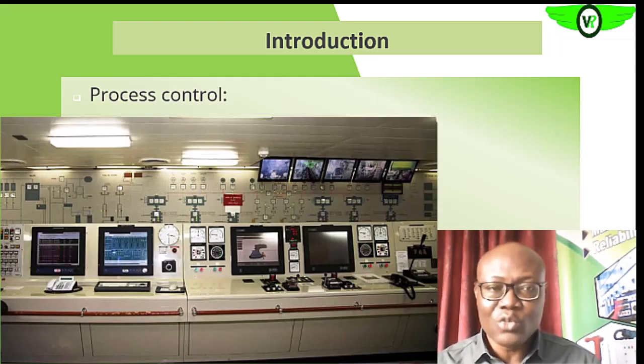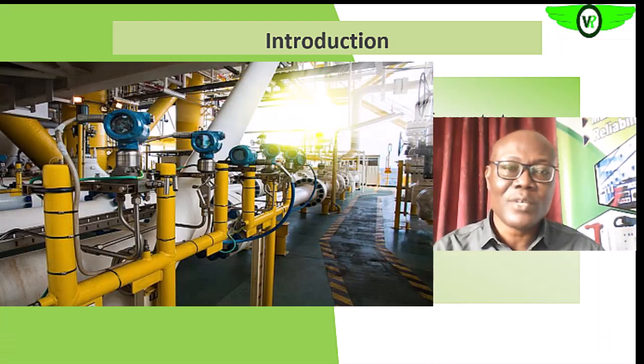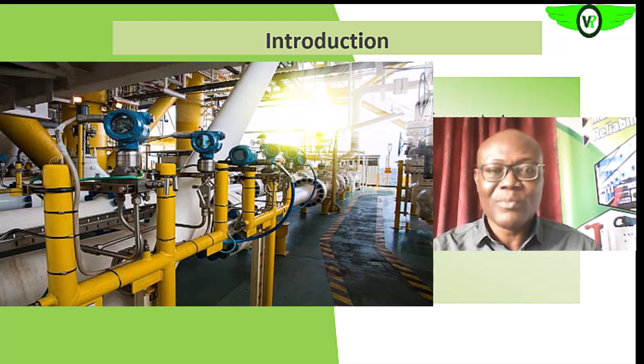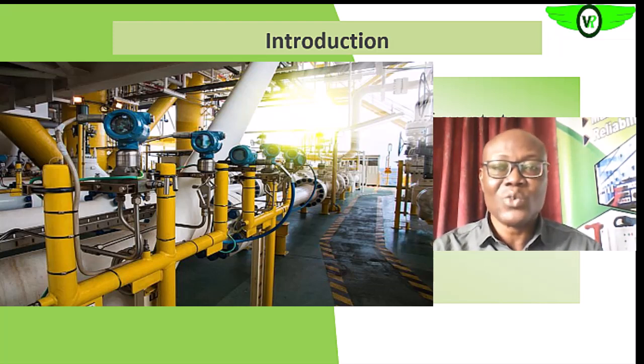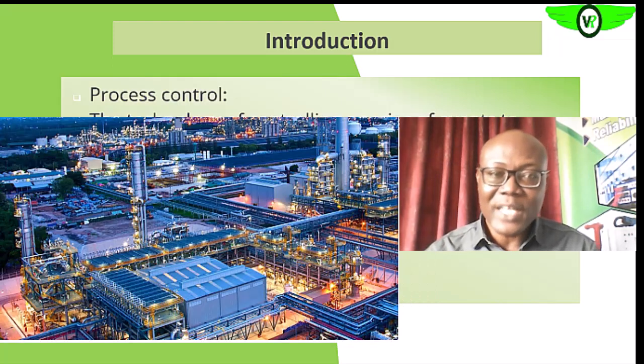So process control is the action or the process of using technology or instruments to control that series of events that we need to transform our materials into the desired finished product.